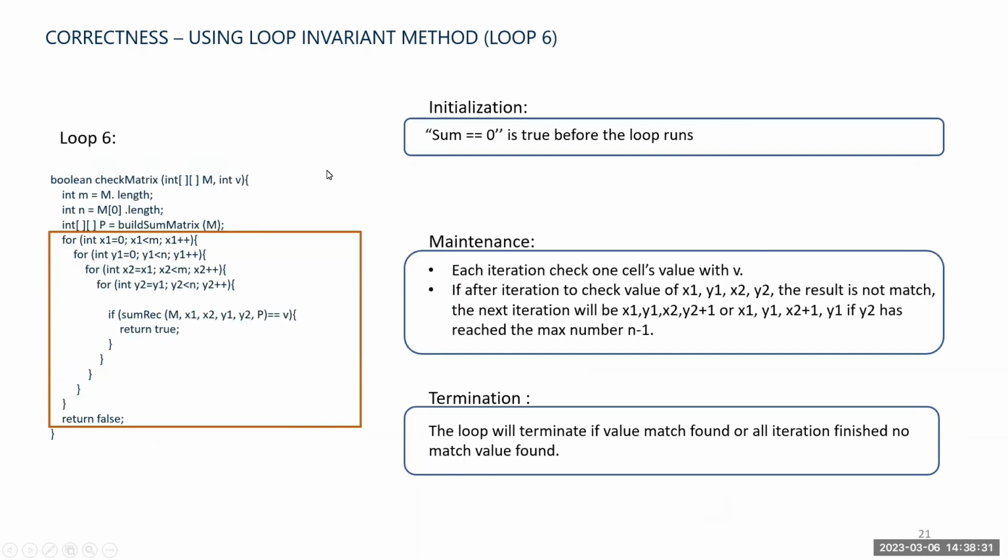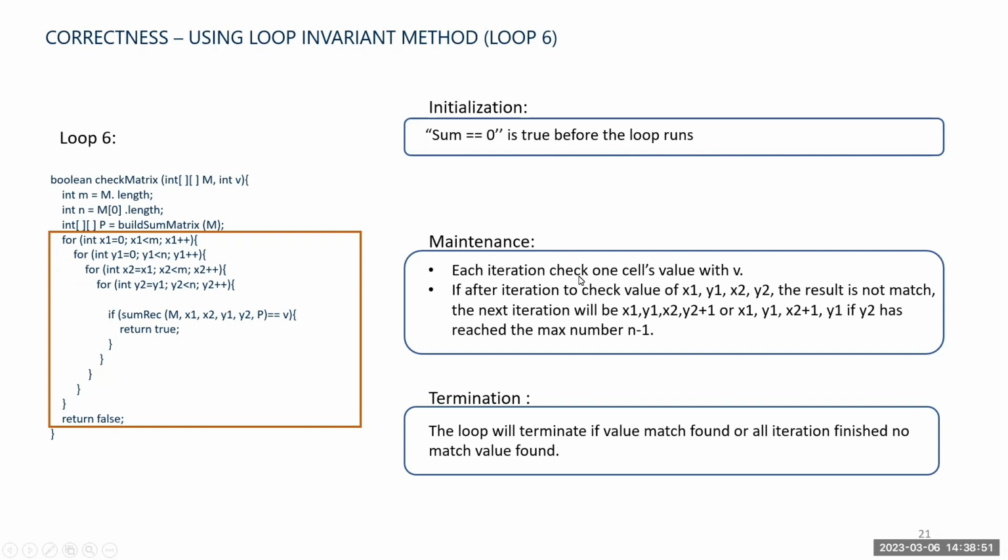Loop 6. Loop 6 is this 4-level nested loop. Initialization: sum equals 0 is true before the loop runs.